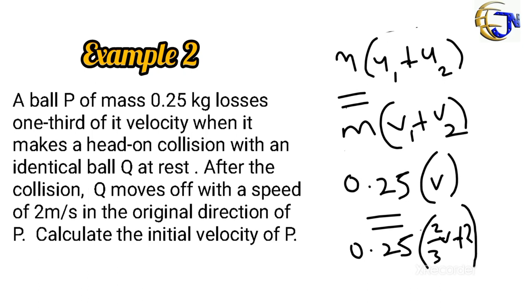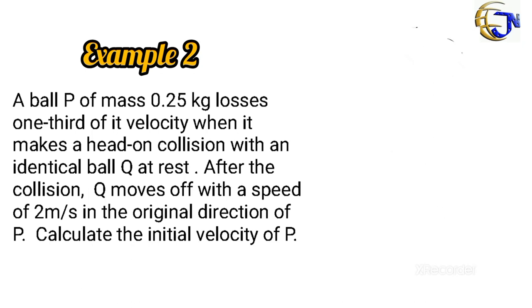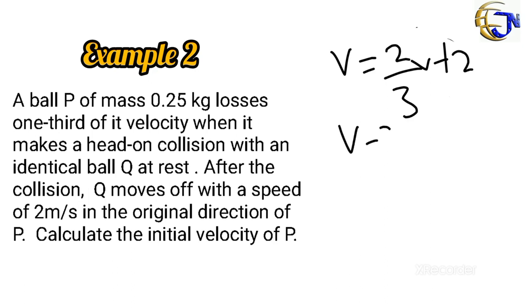So we are going to solve this out. 0.25 cancels 0.25, so that we'll have V is equal to 2/3V plus 2. So we can take 2/3V to the other side, so that we'll have V minus 2/3V equal to 2.